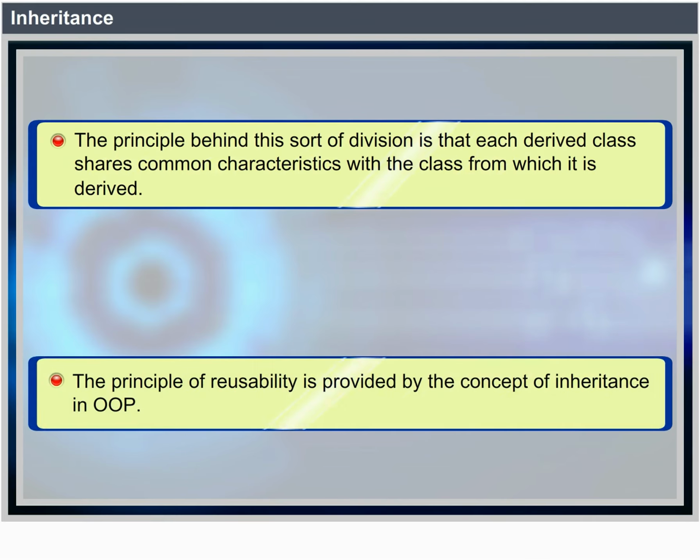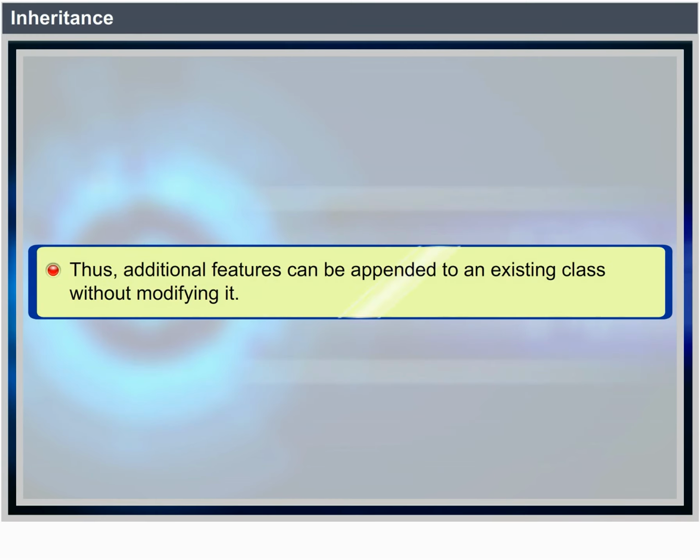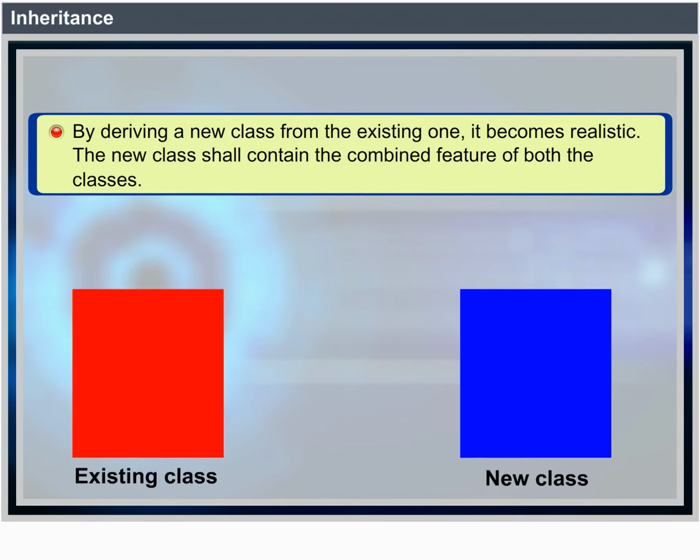In OOP, the concept of inheritance provides the idea of reusability. This means that we can add additional features to an existing class without modifying it. This is possible by deriving a new class from the existing one. The new class will have the combined features of both classes.